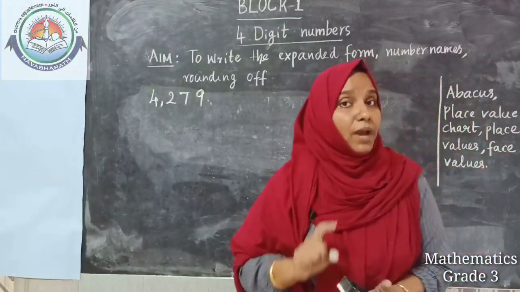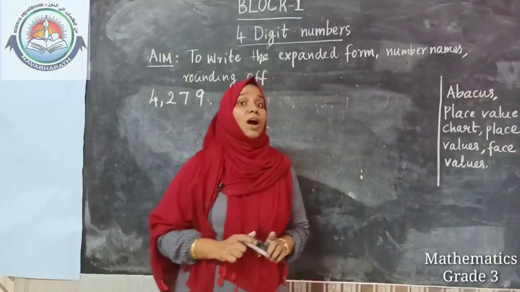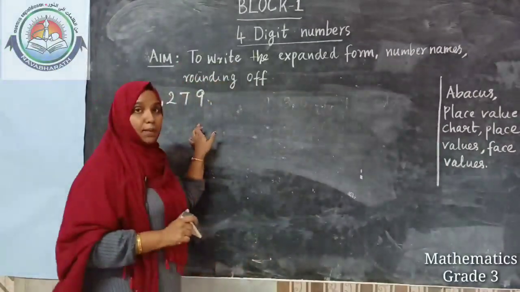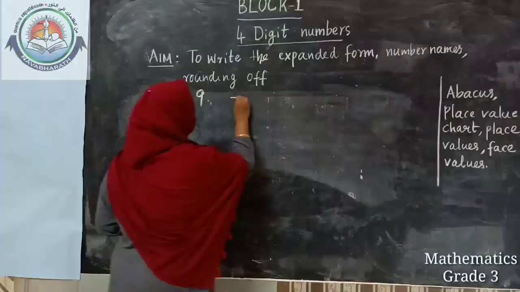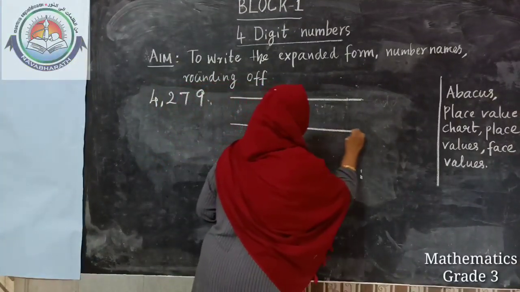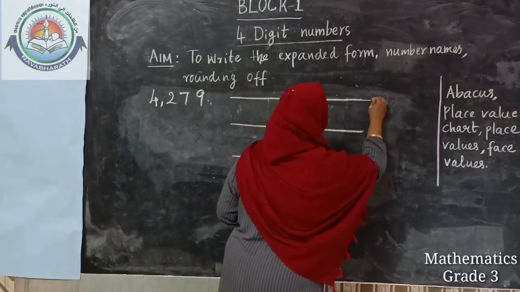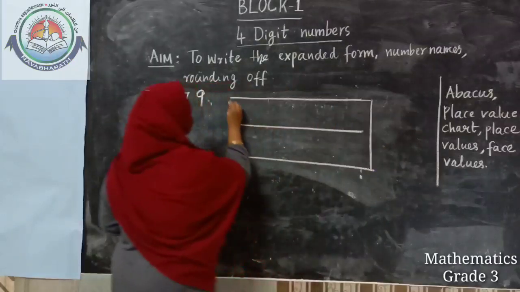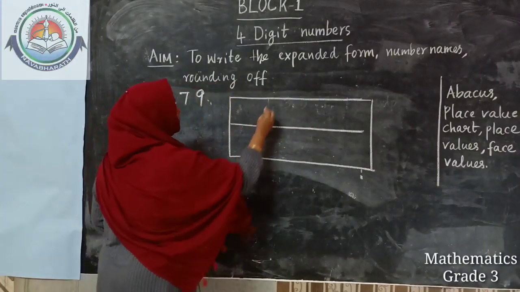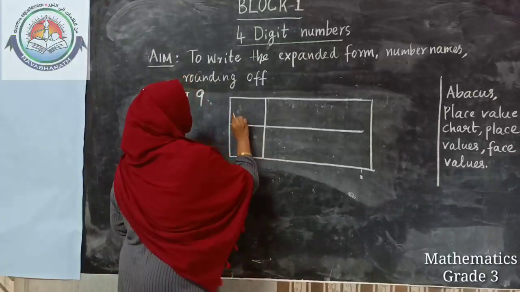Before writing the expanded form, we can write the place value chart of this number. Okay? How to draw a place value chart, children? We should draw 4 columns.